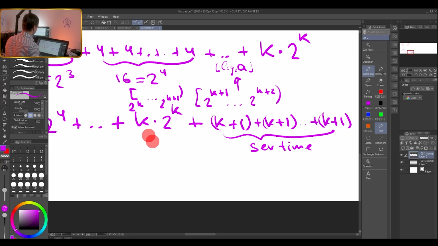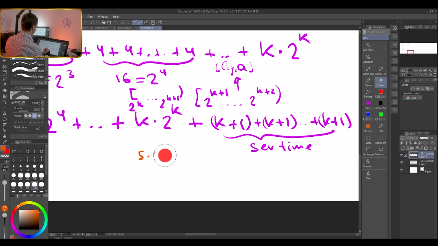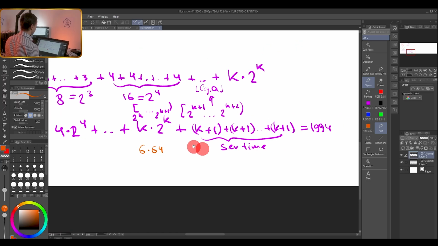So for example, let's start with k equals 5. In this case, it will be 5 times 2 to the power of 5, times 32. Well, it's probably not enough. We need something pretty close to 1994. It's about 150. Well, let's let k be equal to maybe 6. If k is equal to 6, it will be 6 times 2 to the power of 6. It will be 64. Well, it's still not a big number. We need something close to 1994.